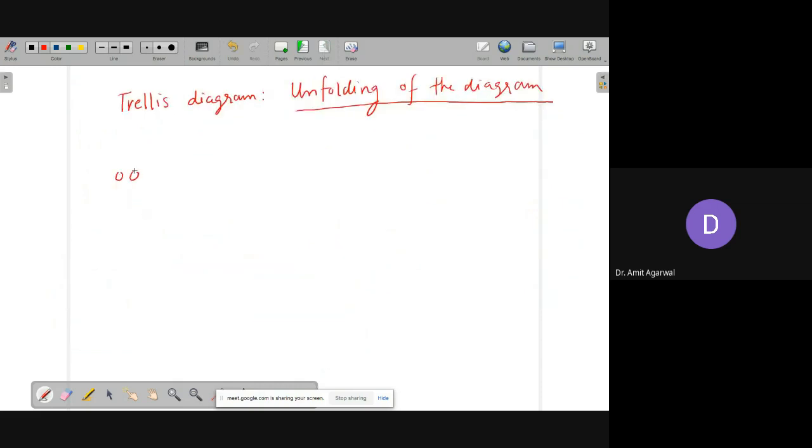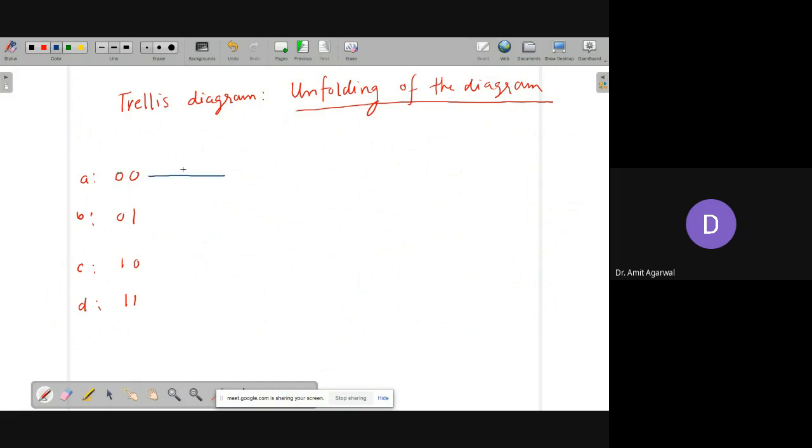There are four possible states. You can write them like this: A, B, C, D. So you write 00, 01, 10, 11.